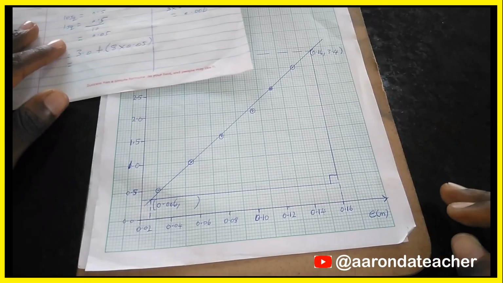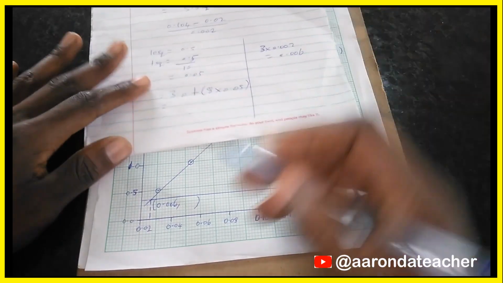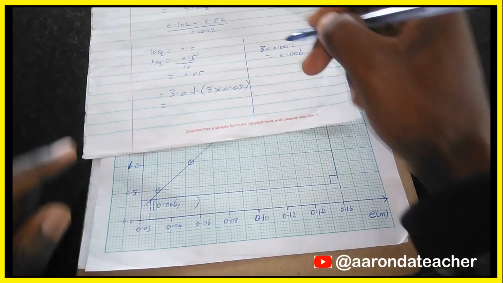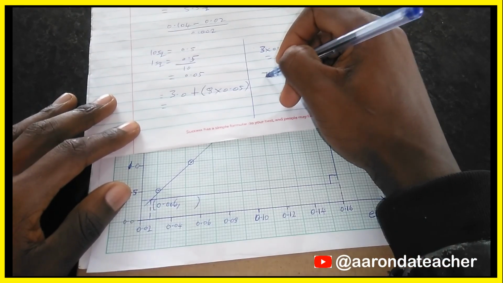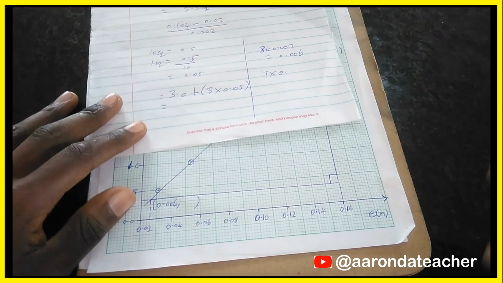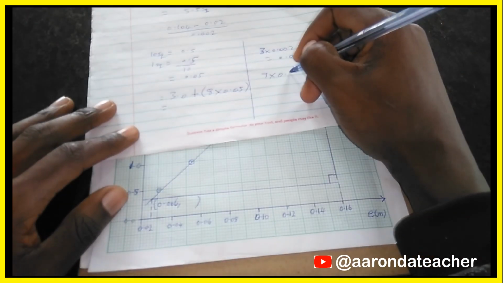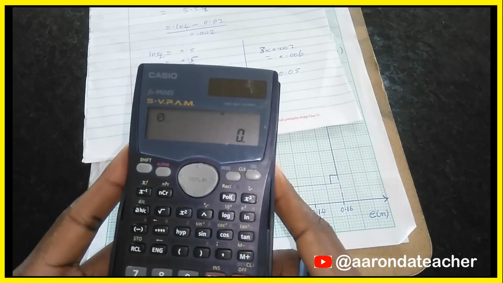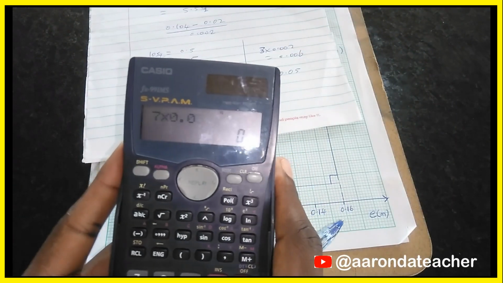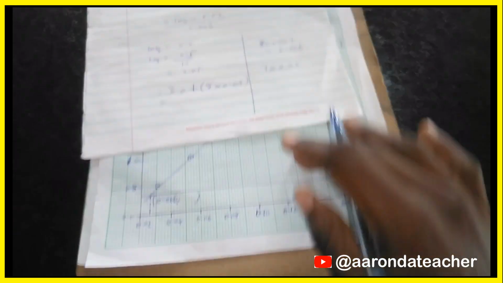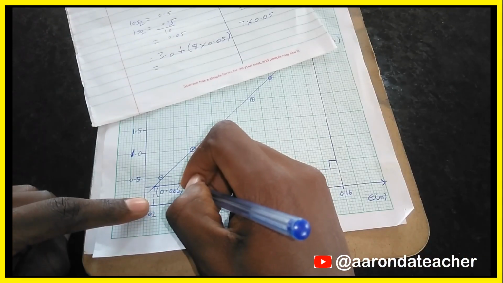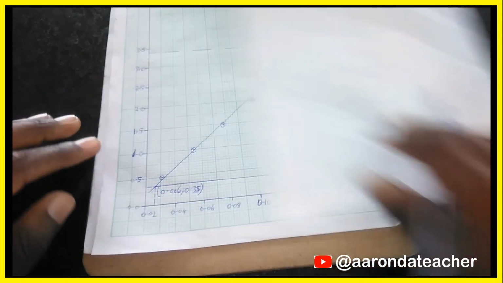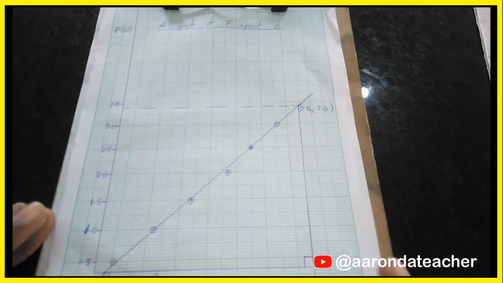Then our y1 will be equivalent to, how many are they? There are 7 small squares. Our y will be 7 times 0.05, giving us 0.35, and that will be the y1. And that is the end of our graph work.